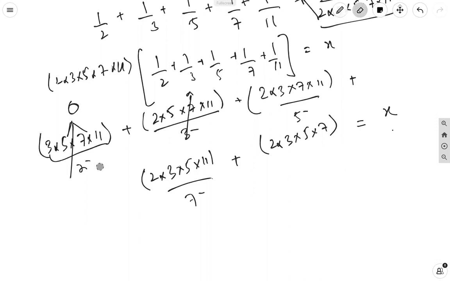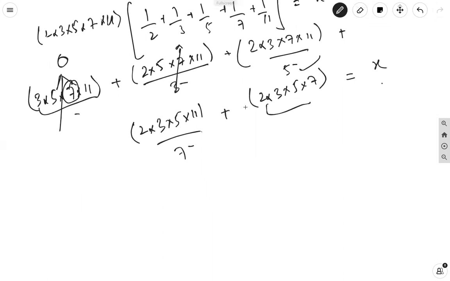Yes, the question is 7. So if I divide this by 7, the remainder will be 0, because it has a multiple of 7. If we divide this by 7, this is again a multiple of 7, that's why the remainder is 0. If I divide this by 7, again the remainder is 0. For this case, again the remainder is 0.